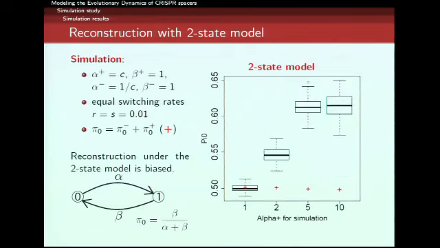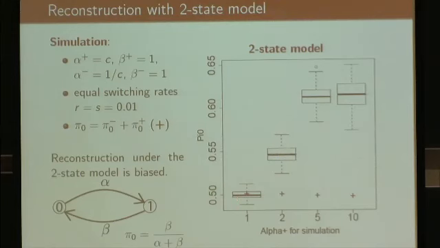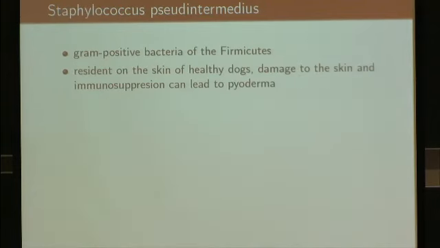However, if I estimate the parameters under the two-state model, we see that the pi 0, which is then just this ratio, is biased and does not match the two values. So we see that the switching model can be distinguished from the two-state model.